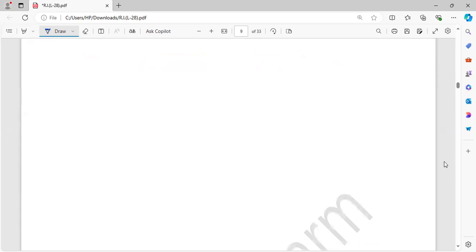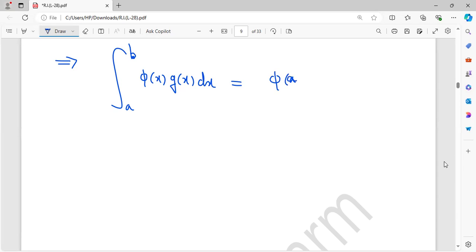This implies the integral from a to b of phi(x) g(x) dx is equal to phi(a) times the integral of g(x) dx.